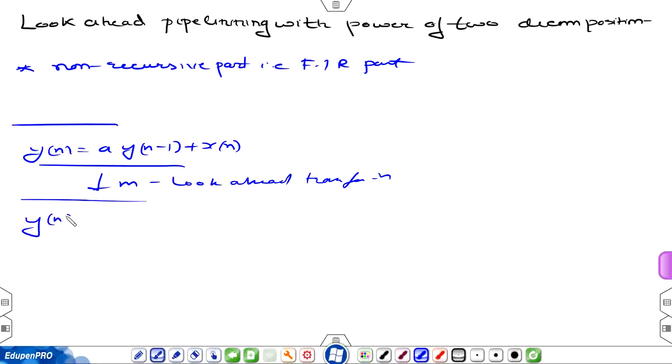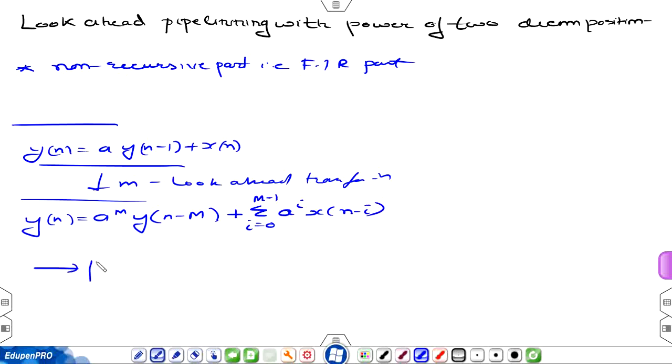Now y(n) will be equal to a^M y(n-M) plus the summation from i equal to 0 to M-1 of a^i x(n-i). Okay, and this filter will be divided into two parts.